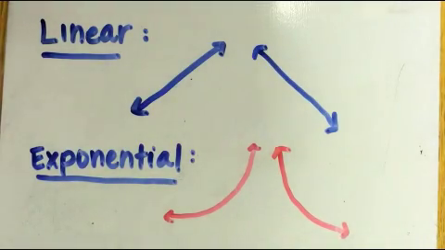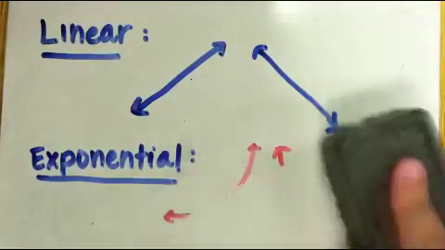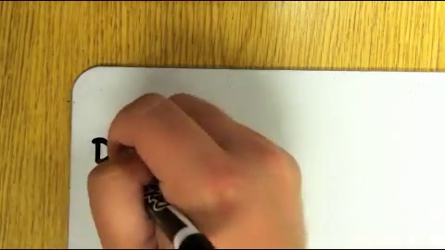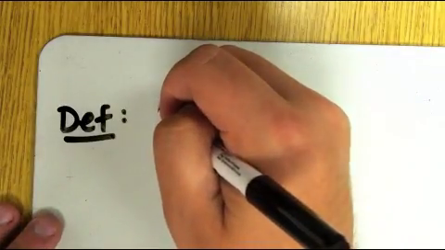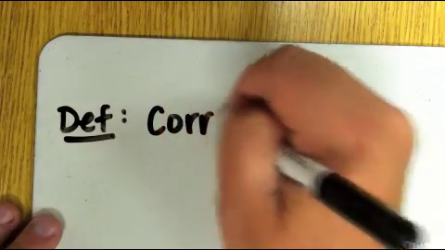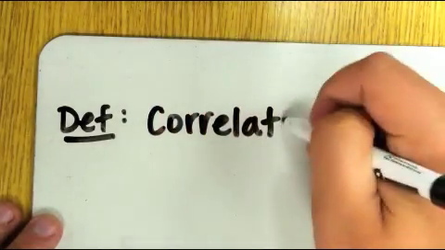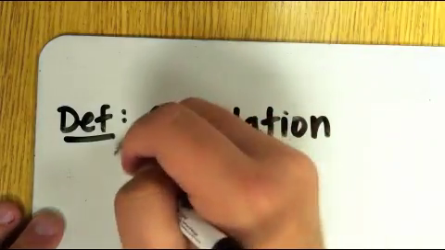All right, so next thing I want to talk about is a nasty word but easy concept. So a definition here, and it's called the correlation coefficient.